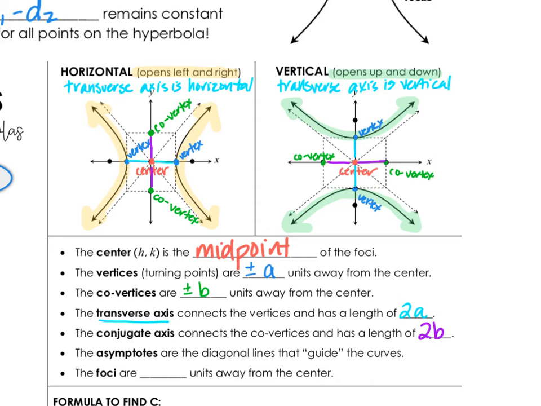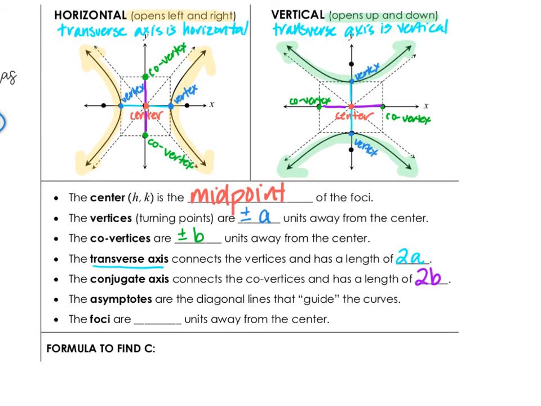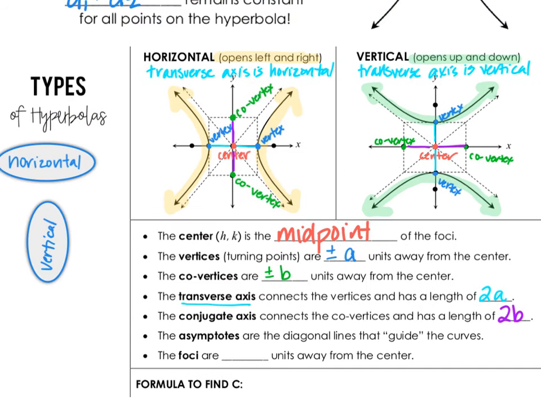And then finally, the foci, one of the most confusing things about ellipses and about hyperbolas. The foci are plus or minus c units away from the center. And so that's these two little points that we have here.